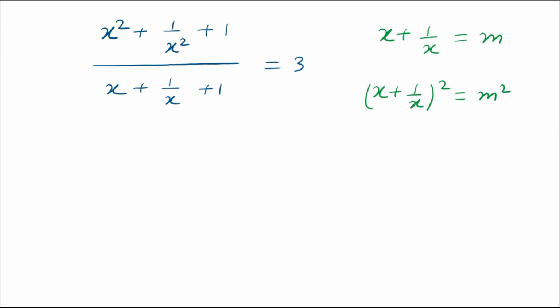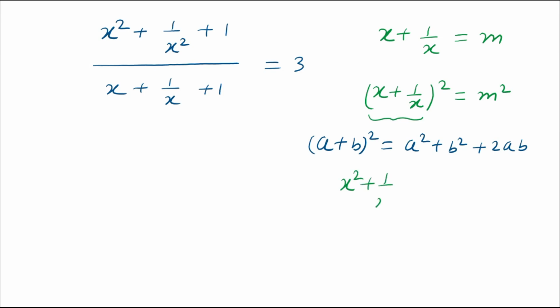On the left-hand side we apply the rule (a + b) whole squared, which is a^2 + b^2 + 2ab. Applying this rule, (x + 1/x)^2 is x^2 + (1/x)^2 + 2 times x times 1/x, and this is equal to m^2.